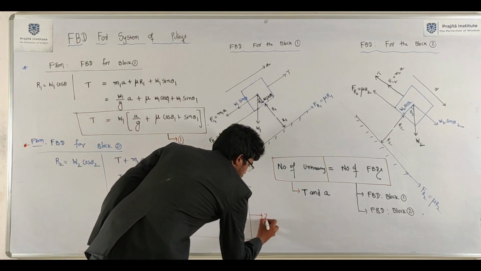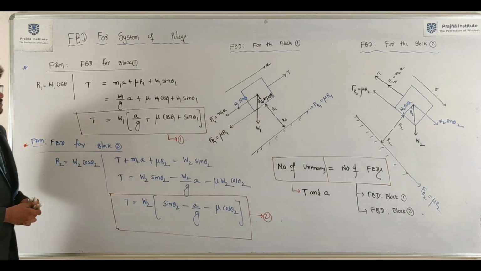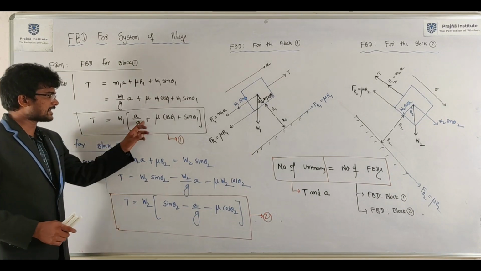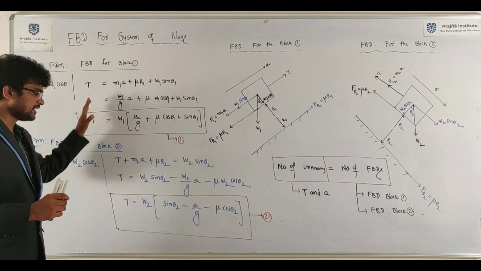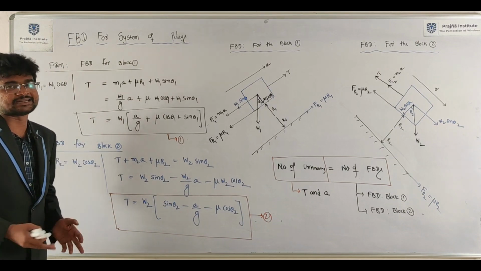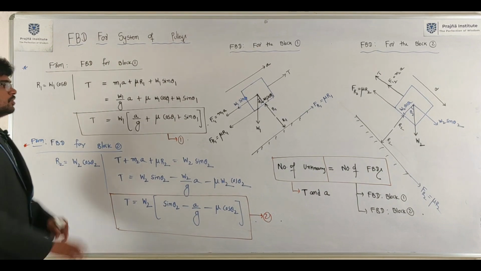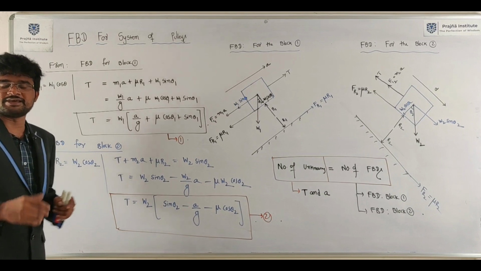Equation number 2, and equation number 1. You have two equations. By equating these two, you will get an expression for acceleration. Substitute that acceleration in any one of the expressions and you will get the tension in the string. That's it. If they give numericals, solving these two equations will be very simple.